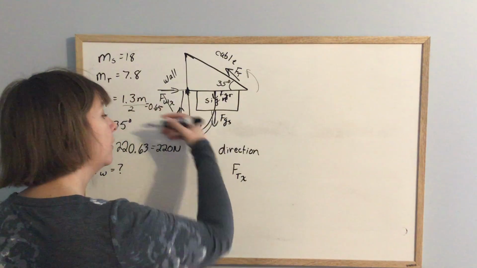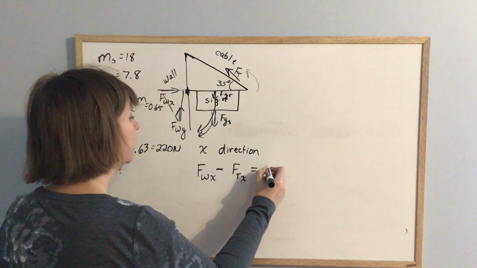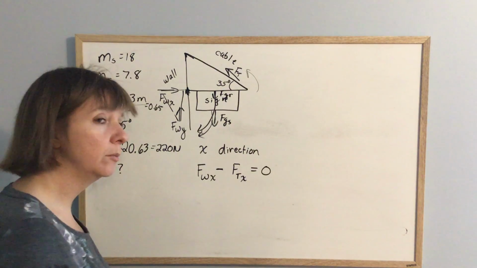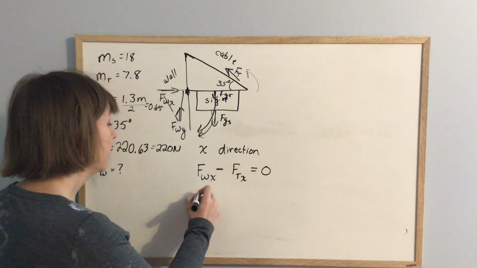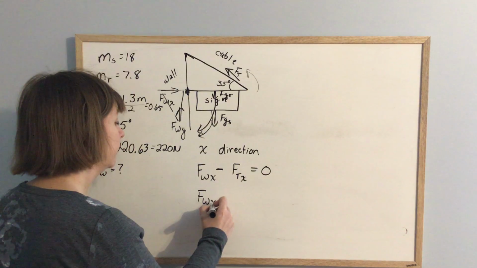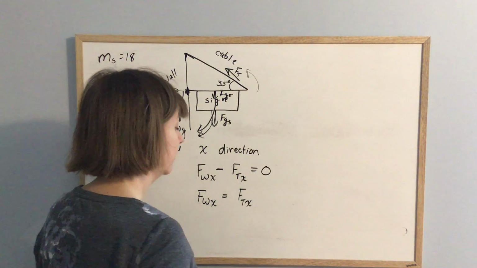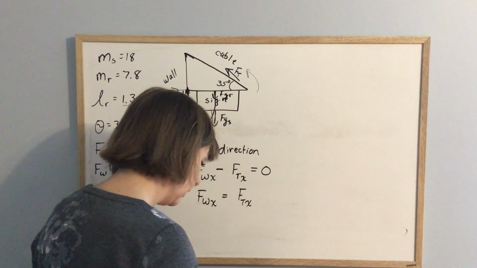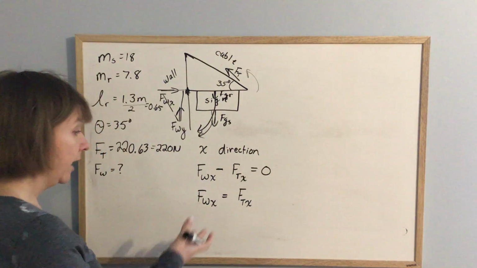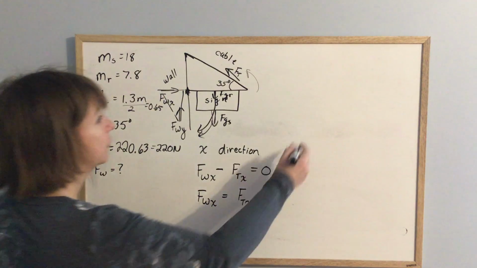Now it's going that way, so I'm going to subtract, and again, it should be in static equilibrium, so it should equal 0. So the force of the wall, the x component, is equal to whatever my force of tension, the x component, is.